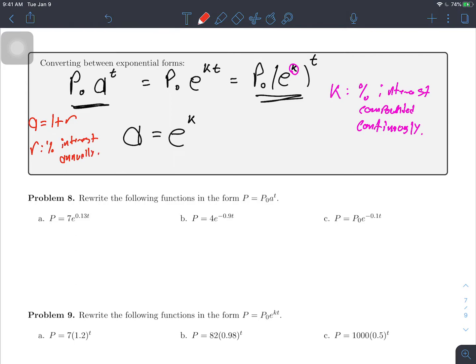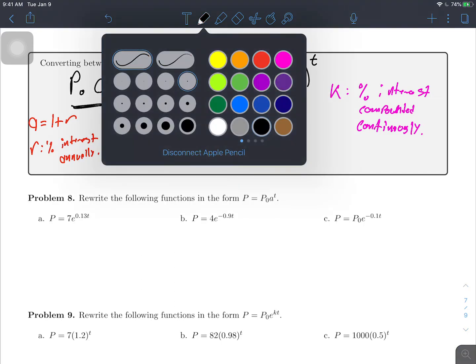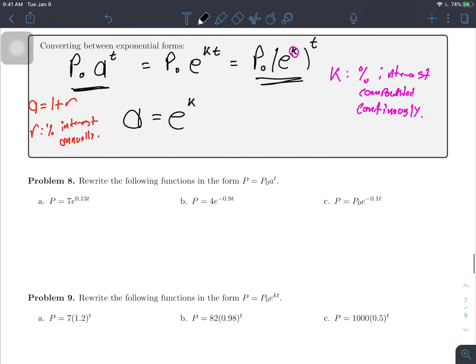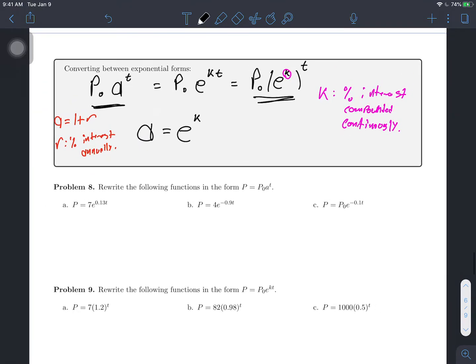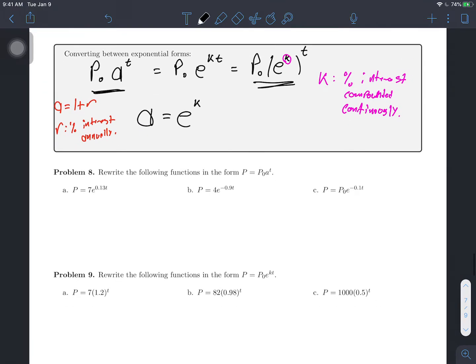So we've got annual versus continuous interest. Let's jump into some problems where we're given our exponential form in one form, and we're going to try to rewrite it in the other form.